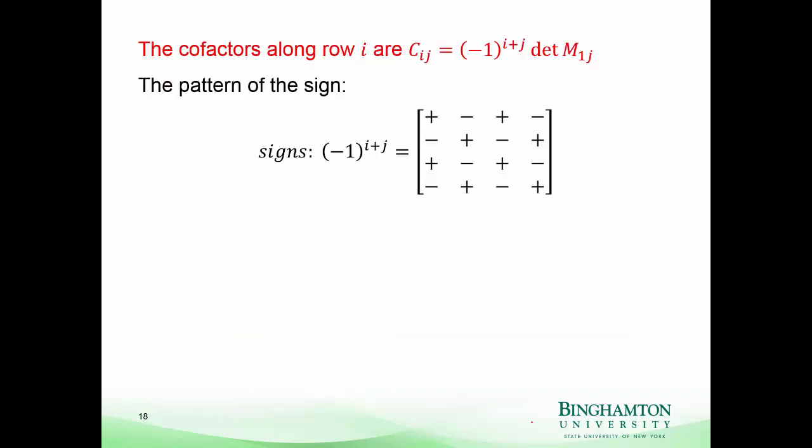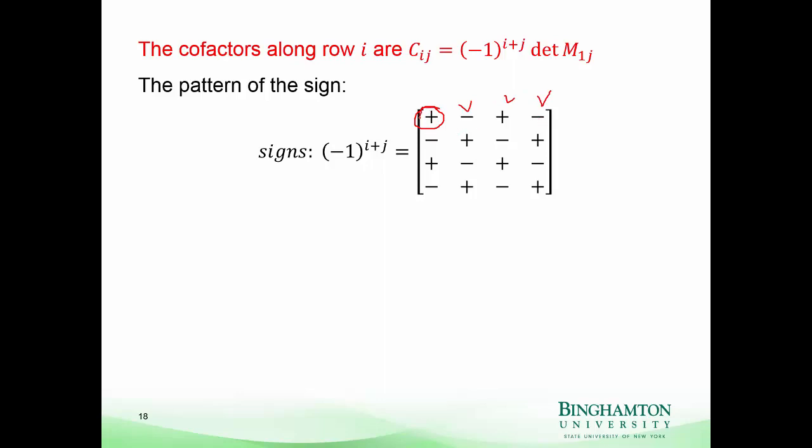Now there's a trick. You don't have to really do this -1 to the i plus j. You can just think about this checkerboard. So you always start in the upper left corner with a plus, and then everything alternates from then on. So plus, minus, plus, minus. Now you come down. You don't alternate from minus to here.